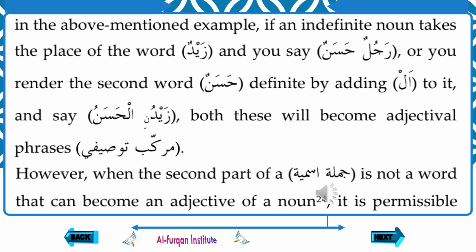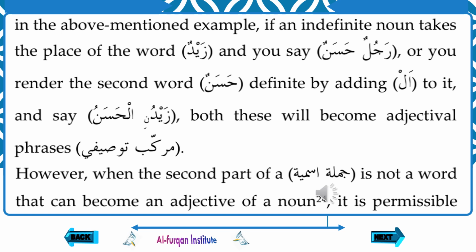It is also permissible to insert a separate pronoun, that is damir, between the subject mubtada and the predicate khabar. The example: ar-rajulu huwa salihun, the man is pious, and ar-rijalu hum salihuna, the men are pious. This clarifies the difference between the jumla ismiya and murakkabun tawsifiyun, the descriptive or adjectival phrase.